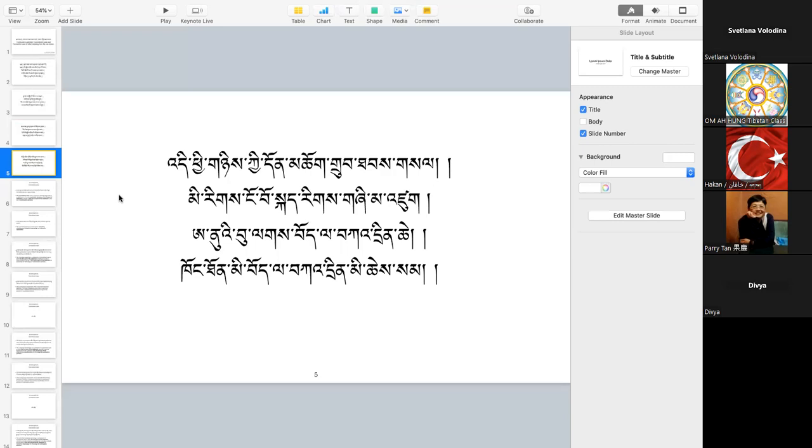So here we are referring to the fact that because of the establishment of this writing system, many texts from India on Buddhism were then made possible to be translated in Tibetan.